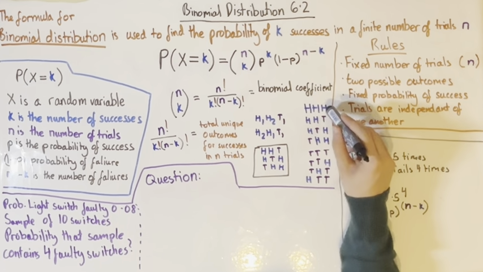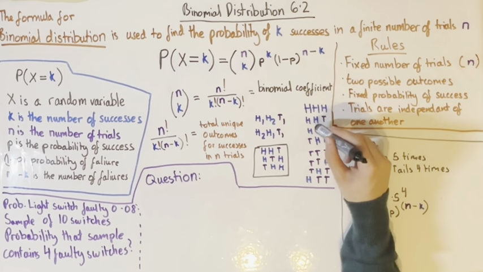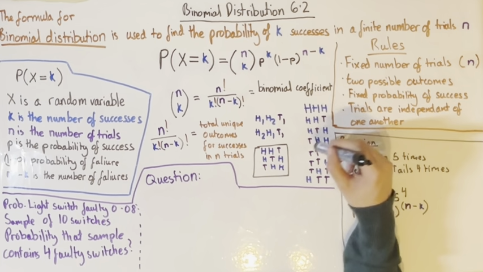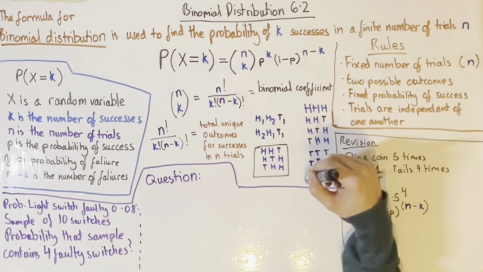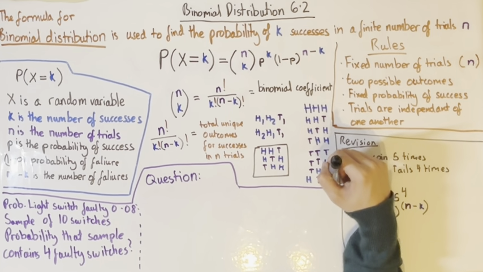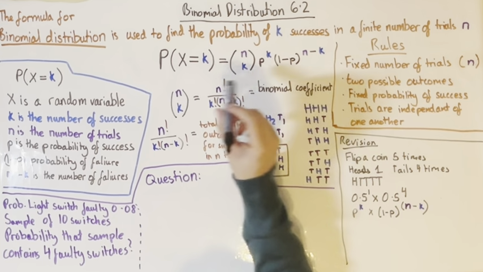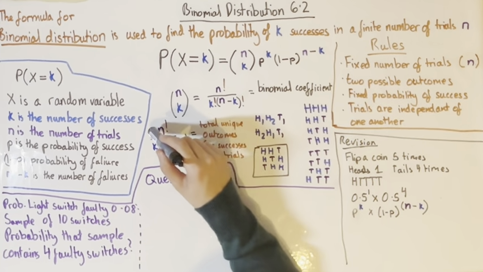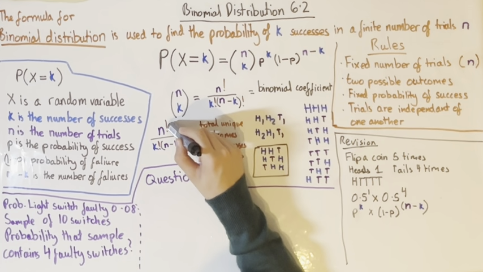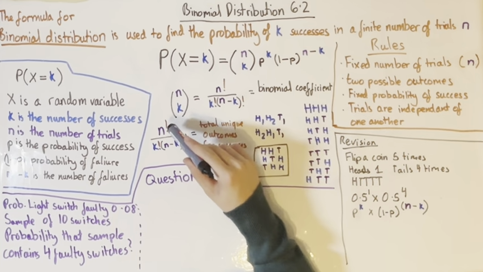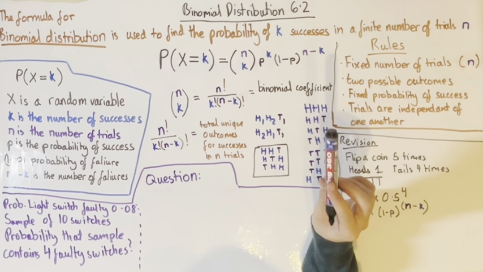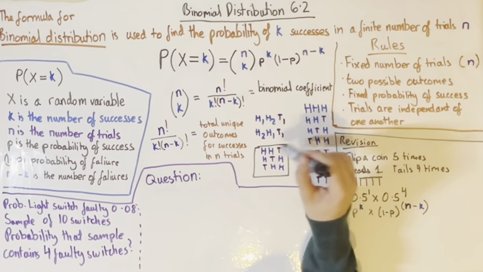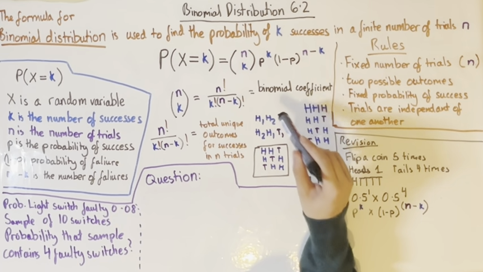I can get 3 heads, 2 heads and 1 tail: heads, tail, heads; tail, heads, heads; heads, heads, tail; and so on, down to tail, tail, tail. Okay, so the first part of the binomial coefficient, that's n factorial. This lists out the number of successes I could have in getting 2 heads, 1 tail.